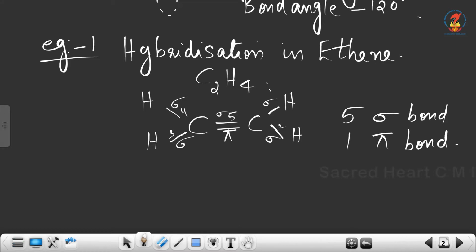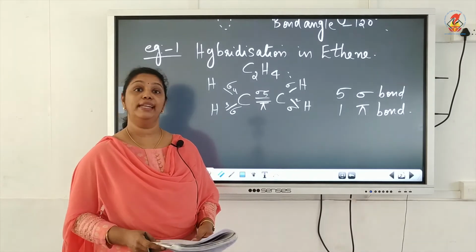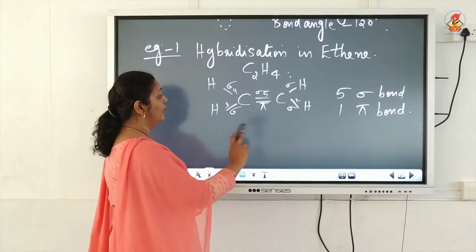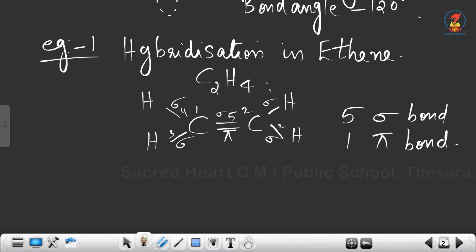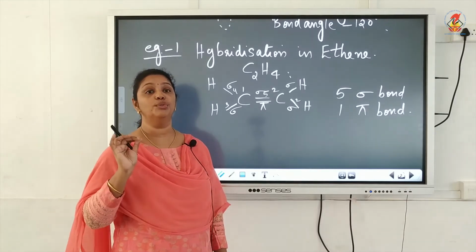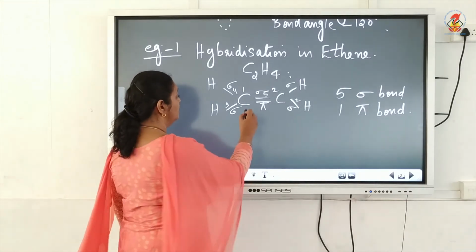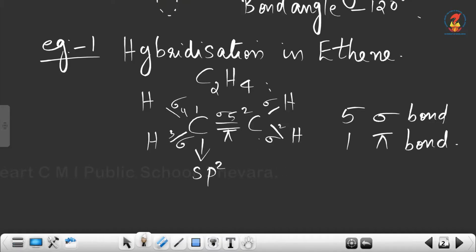Now let's see the hybridization in the ethene molecule. In ethene we have 2 carbon atoms. Suppose this is carbon 1 and carbon 2. Both carbon atoms undergo Sp2 hybridization. So this carbon will undergo Sp2 hybridization, and this carbon also undergoes Sp2 hybridization.